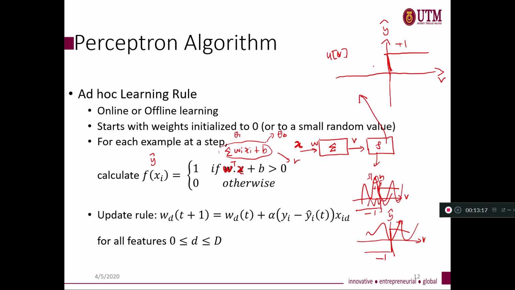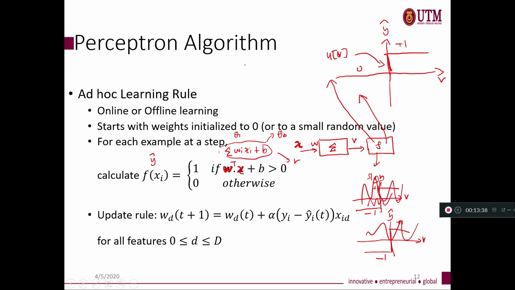If the v there is less than 0, your y hat here becomes 0. So this is actually a unit step function. So f here is implemented with this unit step function in the perceptron algorithm.